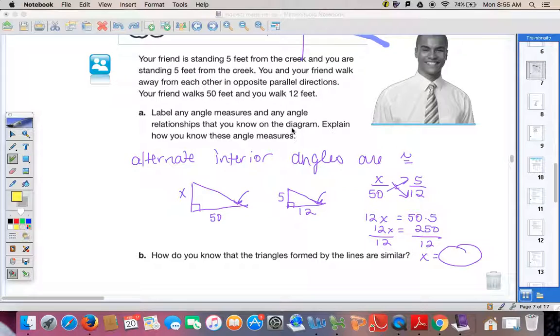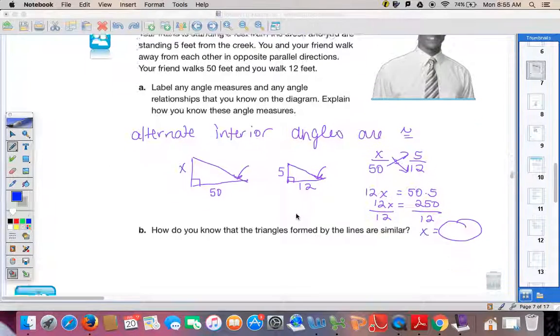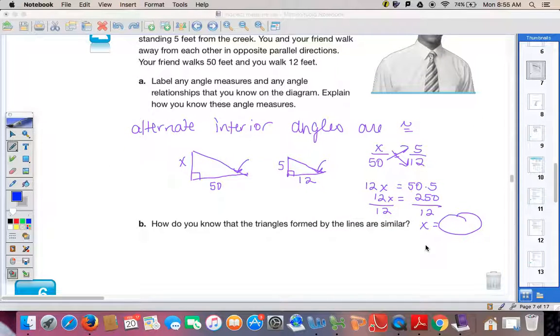So we would take our final distance here, and then subtract 5 feet from it in order to determine the distance from one side of the creek to the other. So you're going to take this number that you get here and subtract 5 to get the distance from one side of the creek to the other.